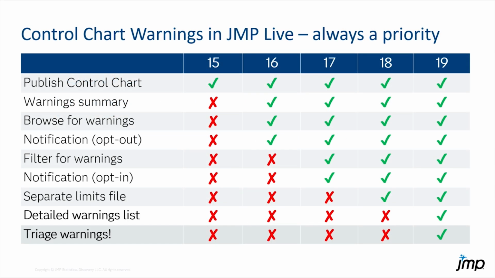We have been working on this feature over many releases, and we've been investing in this effort because we understand that if you are using control charts, you're likely using them to monitor the stability or whether or not your process is in control. And when your process is not stable, typically we use control charts to make important decisions to bring it back into control.